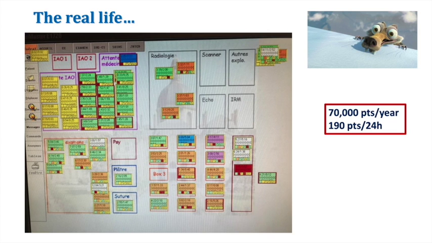Usually real life is an emergency department completely crowded with a lot of patients waiting for the physician. To give you just our experience, we have 70,000 patients every year, a mean of nearly 200 patients a day.